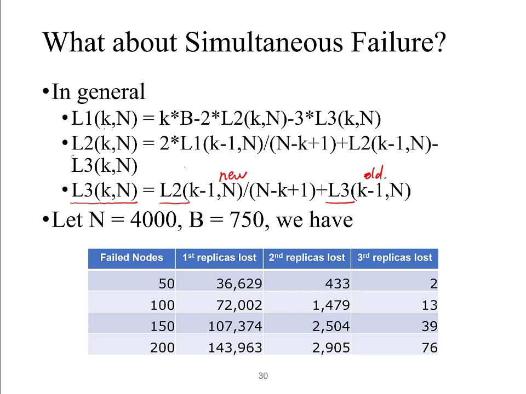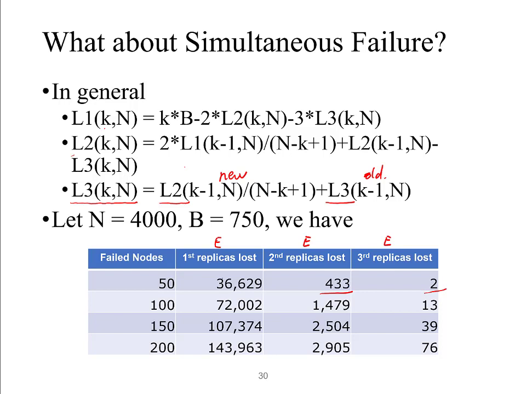When 15 nodes failed, the expected number of blocks with all 3 replicas lost would be only 2, while the expected number of blocks that lose 2 replicas would be more than 400, not to mention the first one.